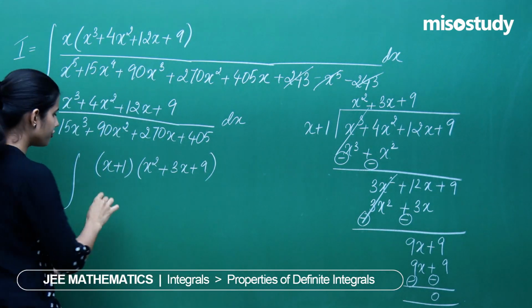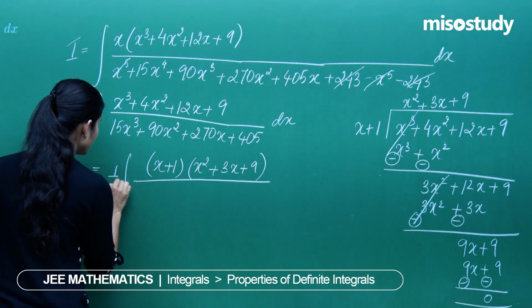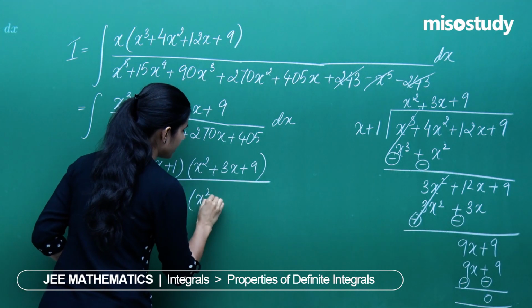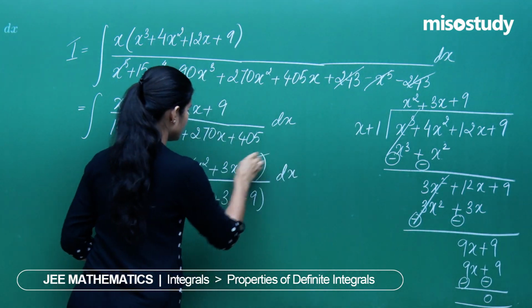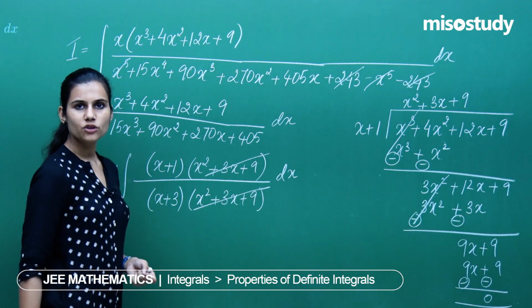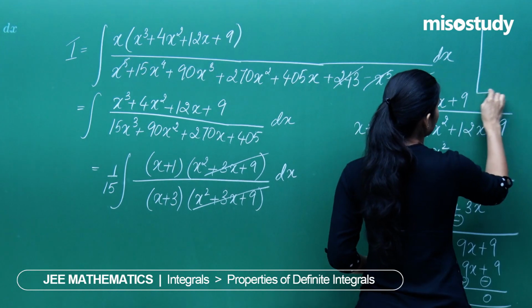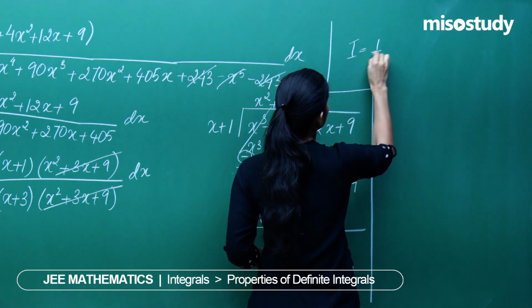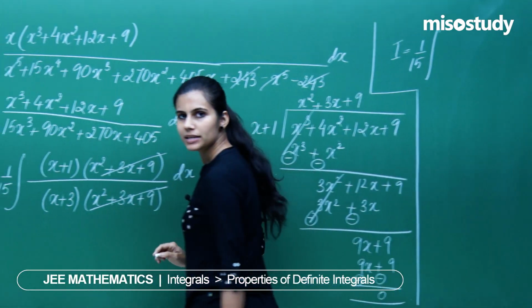Exactly in a similar fashion, if I talk about the denominator, 15 can come out common, and then you will be left with x plus 3 into x square plus 3x plus 9. This expression is common, got cancelled. Now what you have? Let's see. Now your I is 1 by 15, integral of x plus 1 upon x plus 3.